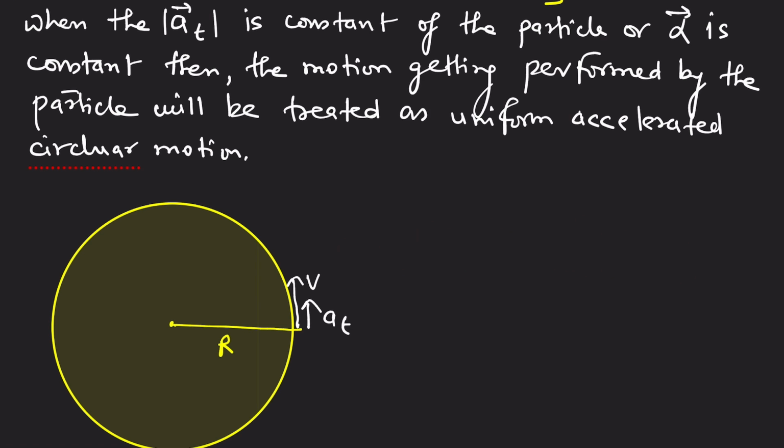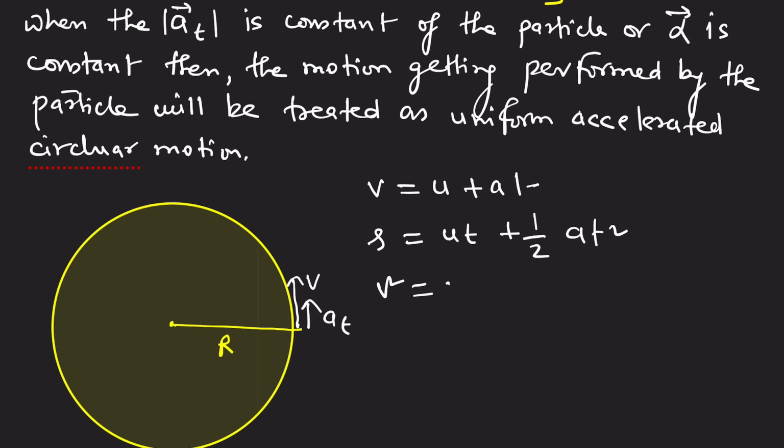So here what we can do is simply use these formulas very easily: v is equal to u plus at, s is equal to ut plus half at square, and v square is equal to u square plus 2as.